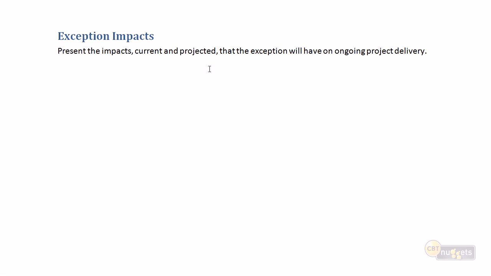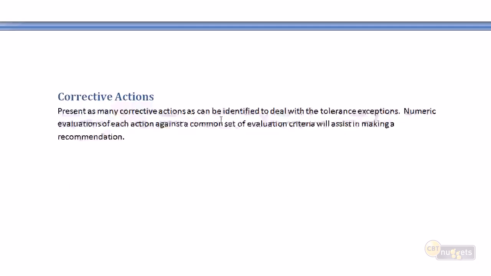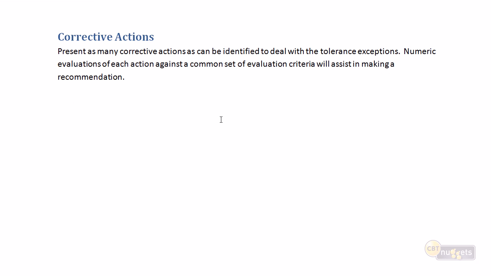If this isn't corrected, if this continues unabated, we have an expectation that there's going to continue to be some substantial delivery challenges on the project. And this is, again, the incentive to senior management, to our project board, to help us deal with this particular exception. And then the all-important corrective actions.